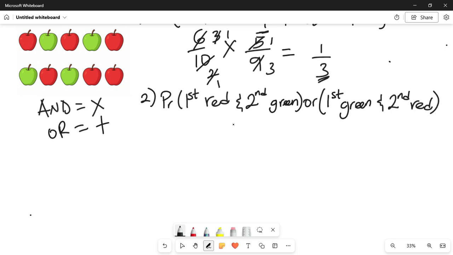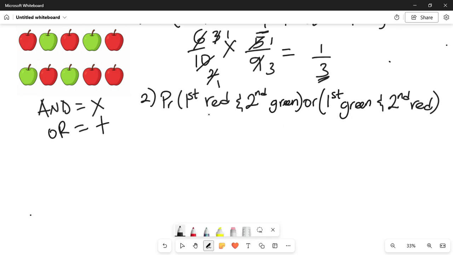So for us to have one green and one red, it is either the first one is red while the second is green, or the first is green while the second is red. So it is one of these conditions.